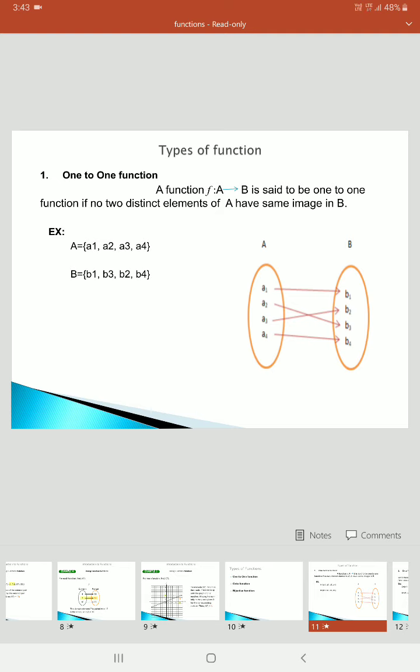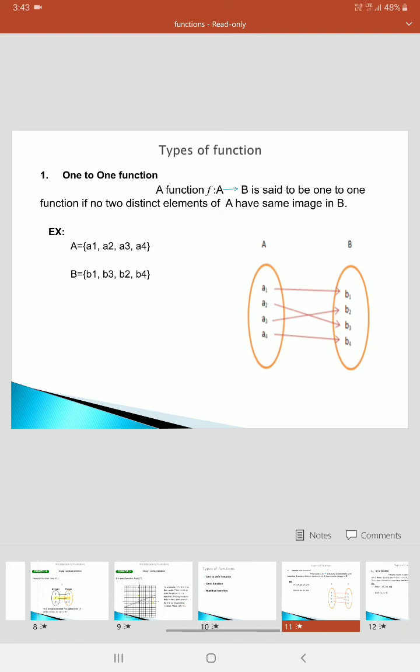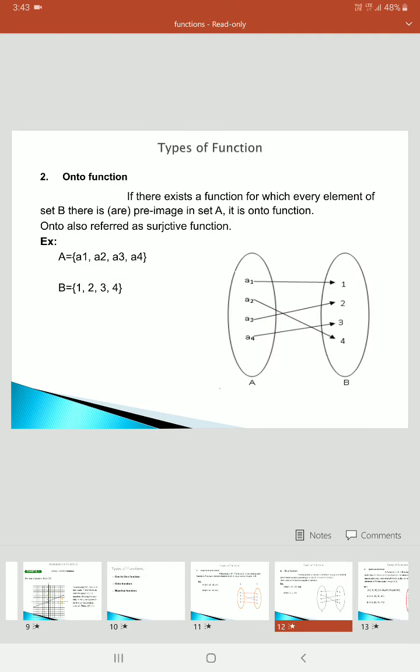For example, A equals A1, A2, A3, A4 and set B equals B1, B2, B3, B4, and see the figure. Now comes the onto function.